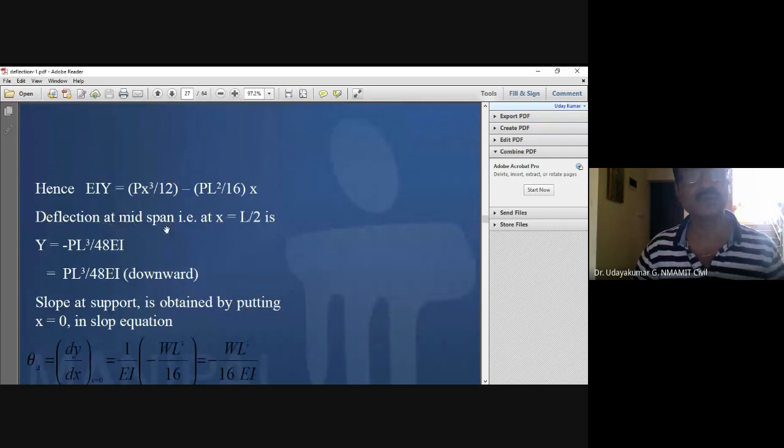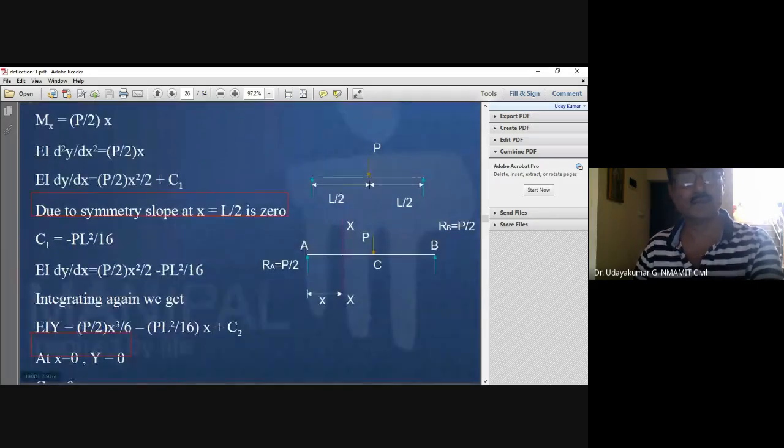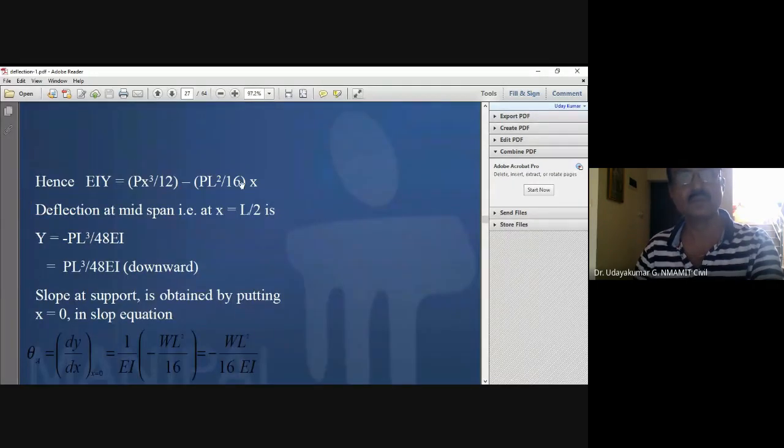So deflection at midspan, at x equal to L by 2. The C2 term is not there. You can see PL squared by 6 minus PL squared by 16 x plus C2, that is 0. So deflection at midspan, put x equal to L by 2.